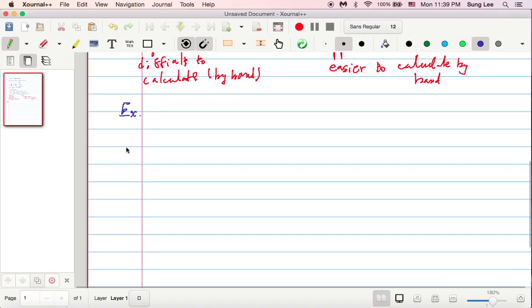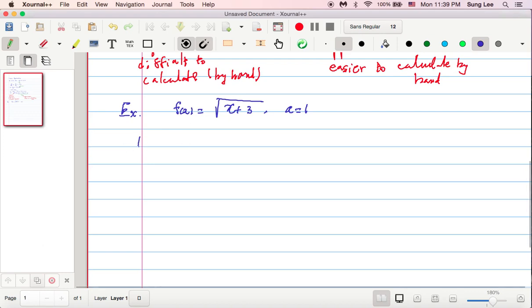Okay, so example. We have the function f of x equals square root of x plus 3, right? Square root of x plus 3, and a is given by 1.